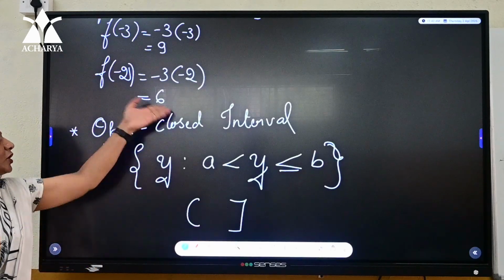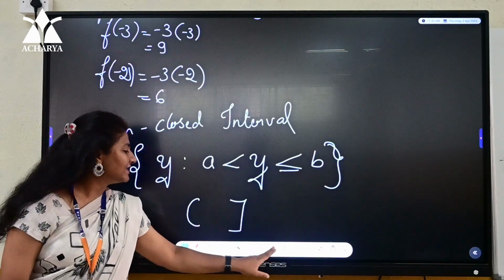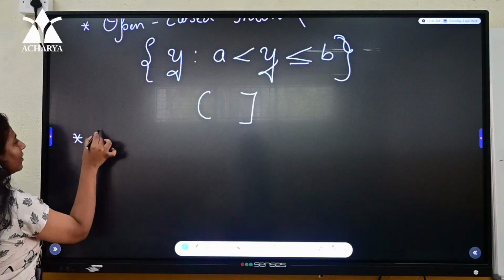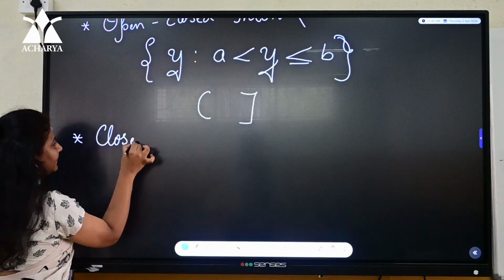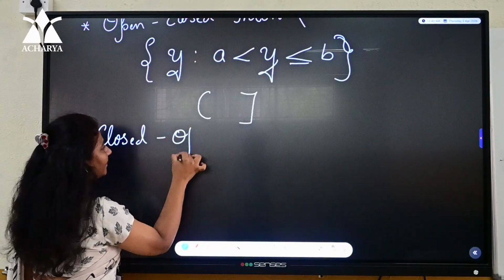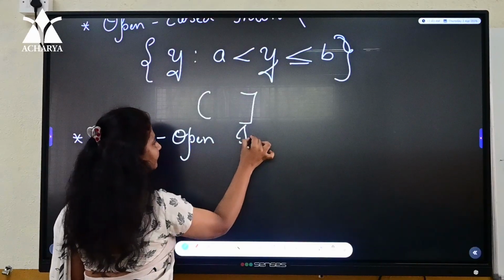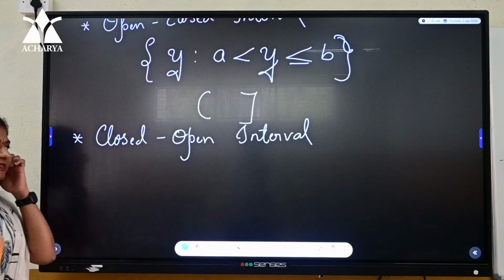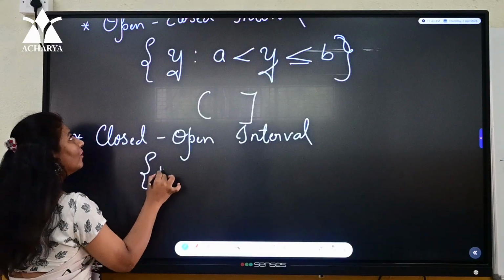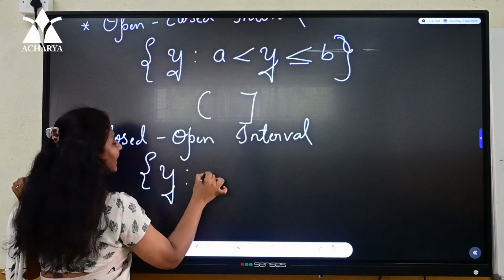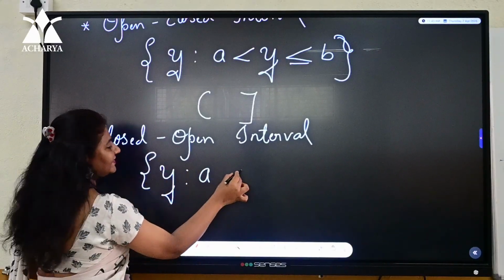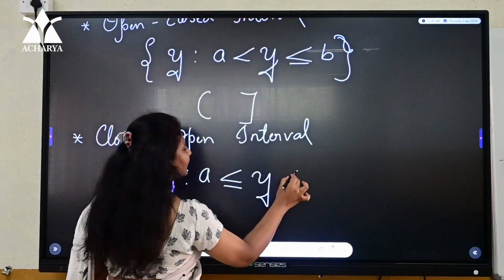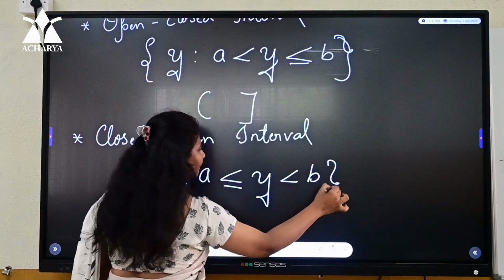In the same way, closed-open means the same condition, vice versa. Closed-open interval. In the closed-open interval, what does the same condition say here? y such that a is less than or equal to y, and y is less than b.